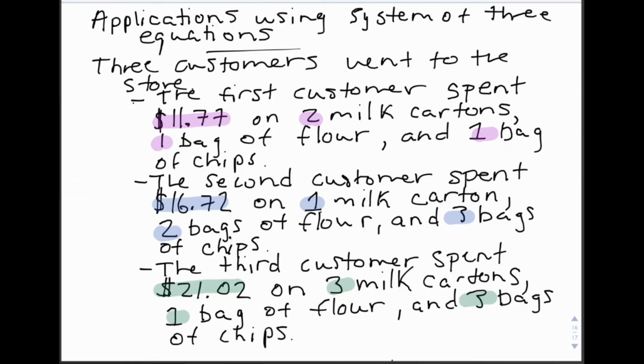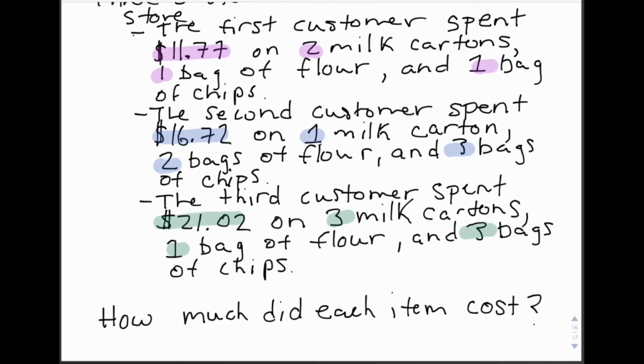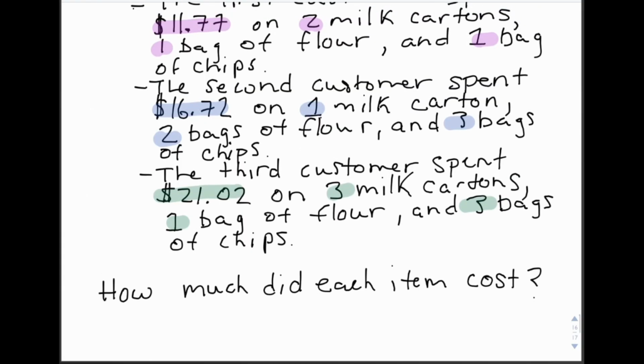So what we essentially want to do is figure out how much did each item cost. So we can go ahead and set up the 3 equations here. Let's go ahead and do so. So our 3 equations, from our first customer, we're going to go ahead and have 2 milk plus 1 flour plus 1 bag of chips is equal to 11.77.